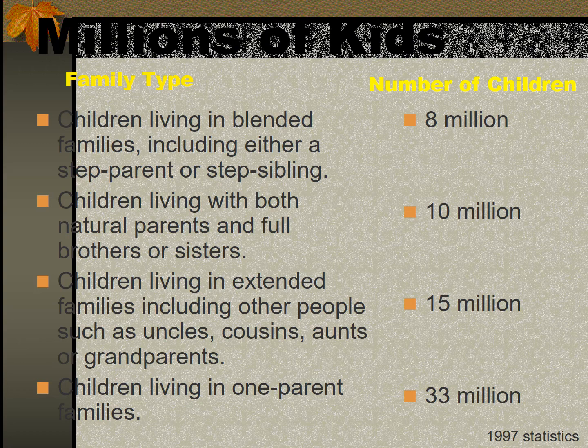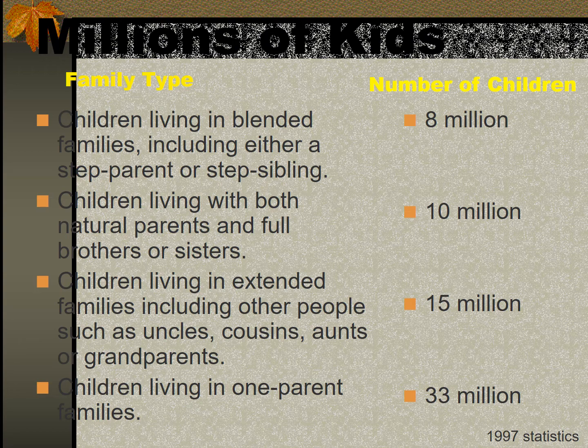Okay. So this is just some interesting statistics. Children living in a blended family, typically you've got about 8 million across the world. Children living with both parents and full brothers and sisters, 10 million. And then children living in extended families, 15 million, as well as children living in one parent families, 33 million.